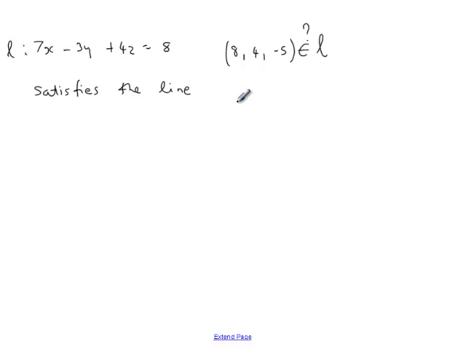It means when I substitute the coordinates of the point into the equation of the line, I must get a true statement. In other words, the left-hand side must be equal to the right-hand side. If I get a false statement, then the point does not belong to the line. Do you understand what I'm saying?